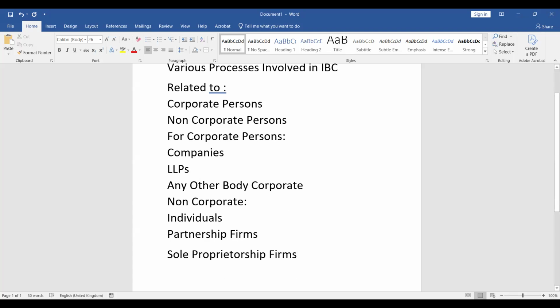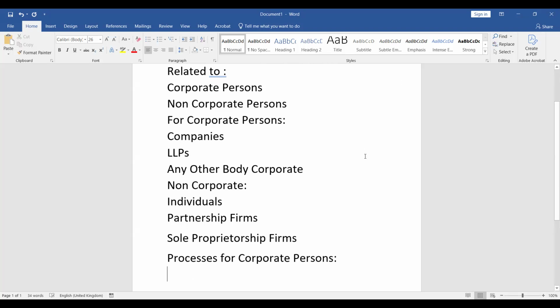Now, what are the processes for corporate persons? First is the corporate insolvency resolution process.